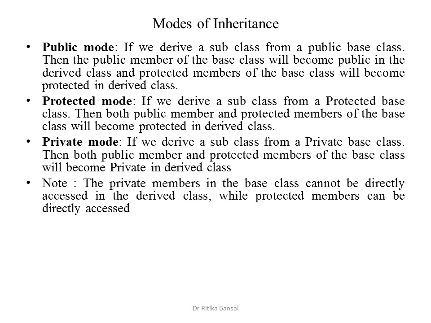If we derive a subclass from a public base class, then the public members of the base class will become public in the derived class. This means we can do three types of inheritance: public, protected and private. If we derive a subclass from the public base class, meaning we are taking the base class in public mode, then private members can't come.